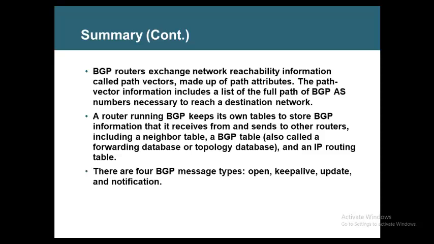The neighbor table has the neighbors. The BGP table is like a database where it maintains all the routes received from the neighbors as well as the local and connected routes which BGP is handling, along with attributes. And there is a routing table where the routes are kept. BGP will never do load balancing, so there is no concept of equal cost multipathing. There is only one path according to the policy you choose.